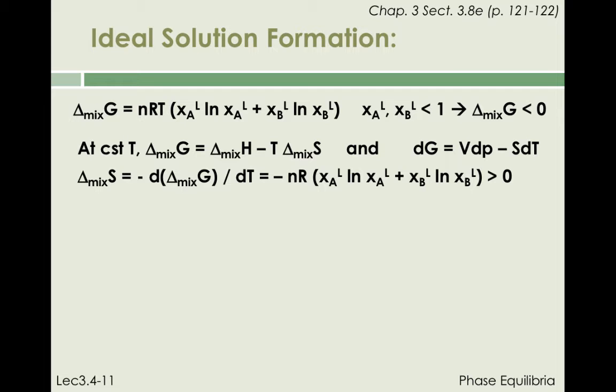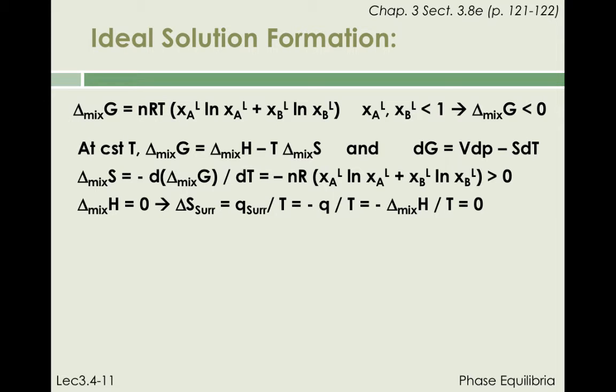We now calculate delta mixing H as delta mixing G plus T delta mixing S, and easily show that delta mixing H is equal to 0. Since mixing is an isobaric process, we conclude that the heat associated with mixing to form an ideal solution must be equal to delta H and is therefore also 0. So the change in entropy for the surroundings upon mixing is equal to 0.